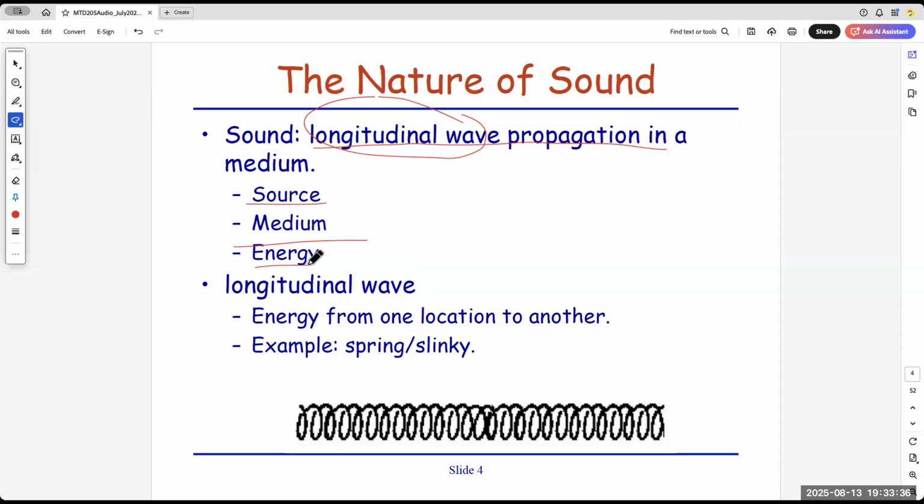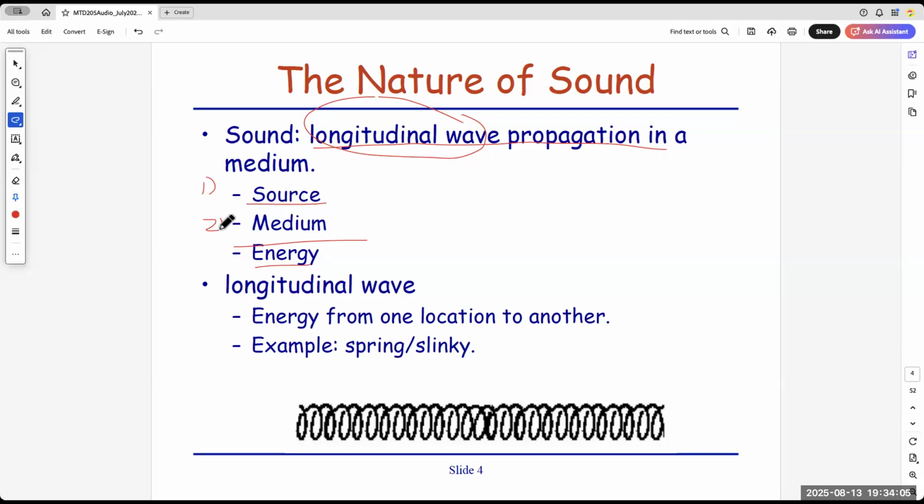So in short, let's talk about what sound is first. Sound needs a source, which means someone to generate the sound. It needs a medium to travel through, like air. Air is a medium. Water is a medium. A guitar is also a medium. If you play music, you realize most musical instruments are made of solid wood.